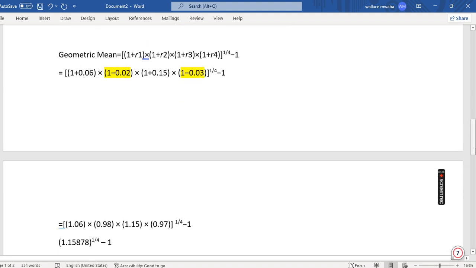So 1 plus 0.06 is 1.06, 1 minus 0.02 is 0.98, 1 plus 0.15 is 1.15, 1 minus 0.03 is 0.97. And here it's to the power 1 over n. N is just the number of years, which is 4 years.